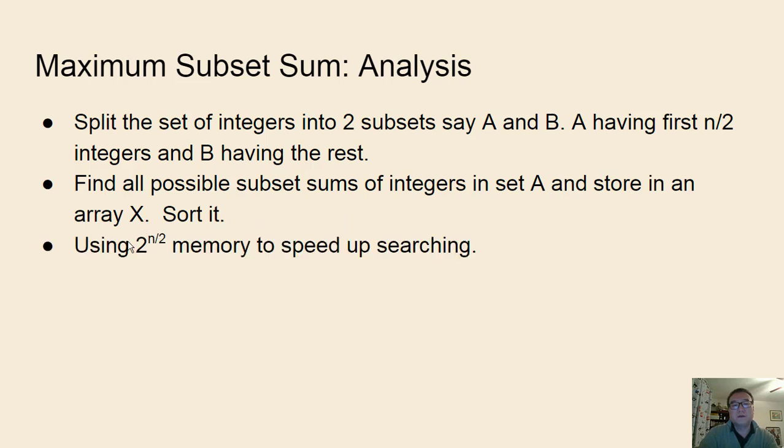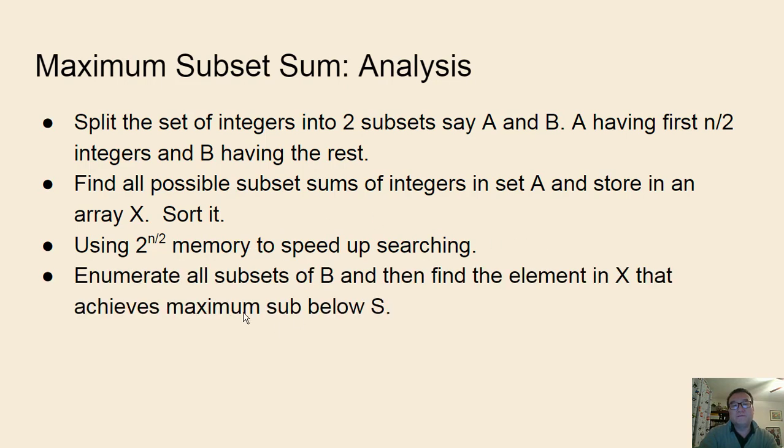We sort it, and this uses 2 to the n over 2 memory, and we pay this memory cost to get the overall speedup. Then we enumerate through all the subsets of B, and for each subset sum, we know what value in A will get us to a value that is less than our target. We can do binary search on this array to find the value that's below the target, so that the sum stays below the target, and then we record whether that is a better solution.